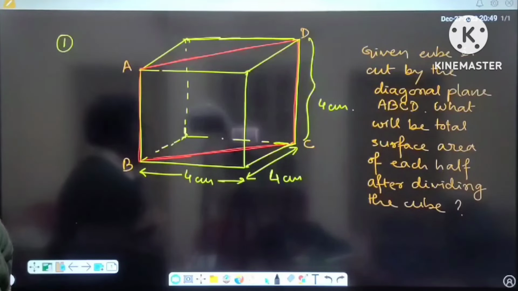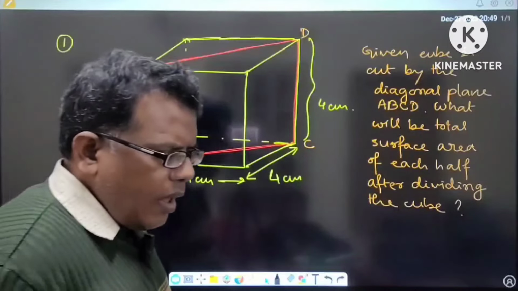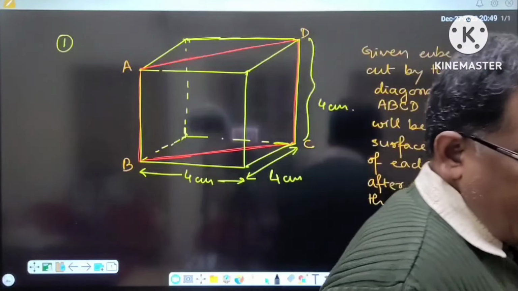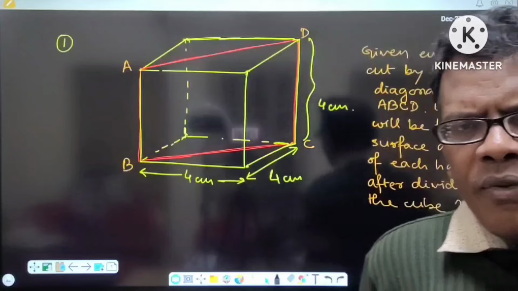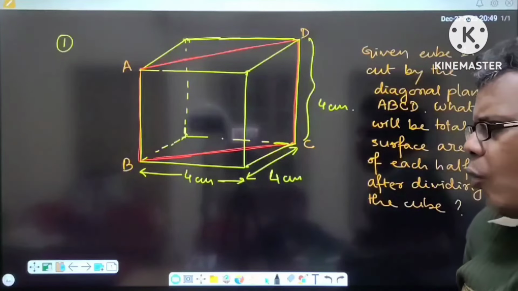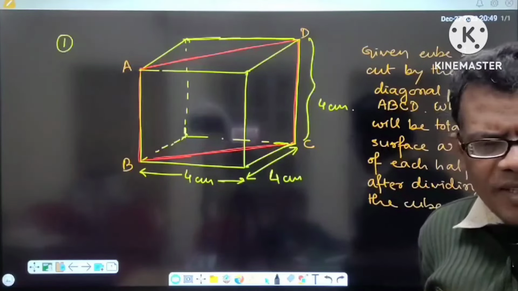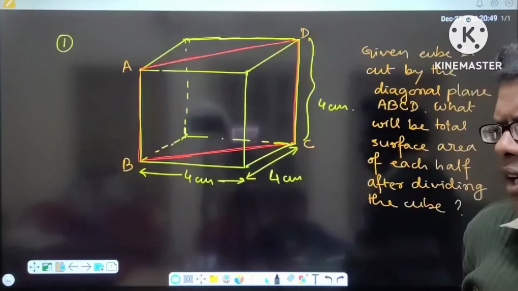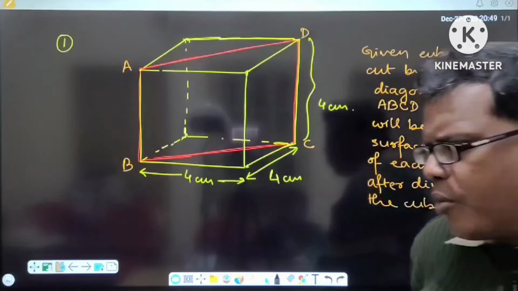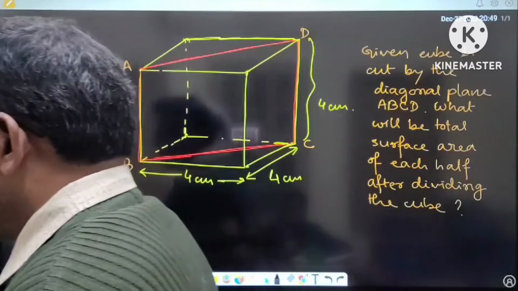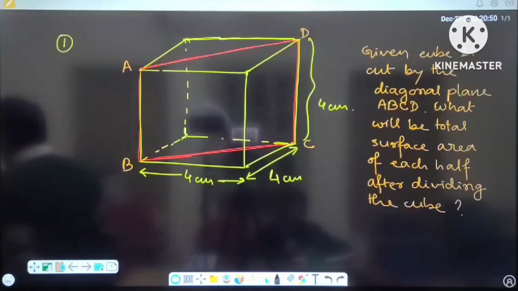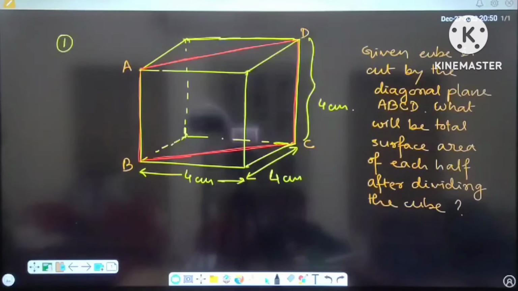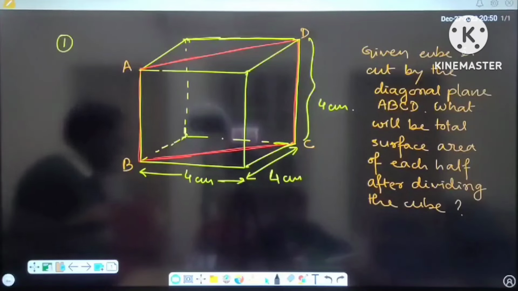First, with the help of the diagram, mark those faces. How many faces and what is the type of the face? Either the face is a rectangle or square or triangle, what are you finding in those faces of each part?